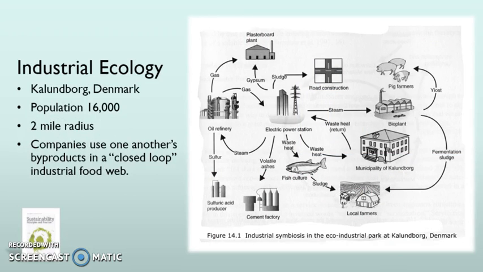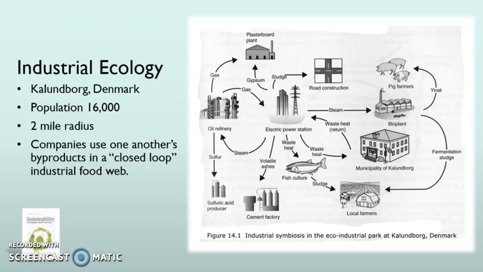Your book has this interesting story about a town in Denmark that provides a good example of a concept called industrial ecology. It's more or less like any other biological cycle. The products of one become the starting materials for another, but related to manufacturing and industry rather than biochemistry.